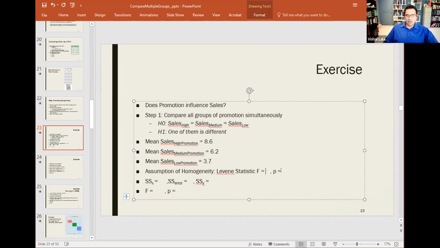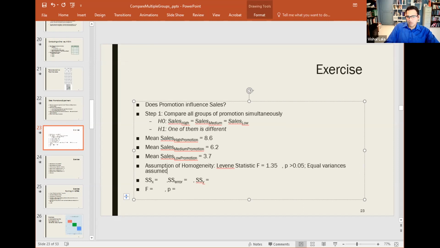And we had the homogeneity test from the Levene statistic of 1.35, with a corresponding p-value of more than 0.05. So you can assume variances are equal at that point, and then we look at the sum of squares of x, error y that I highlighted before.